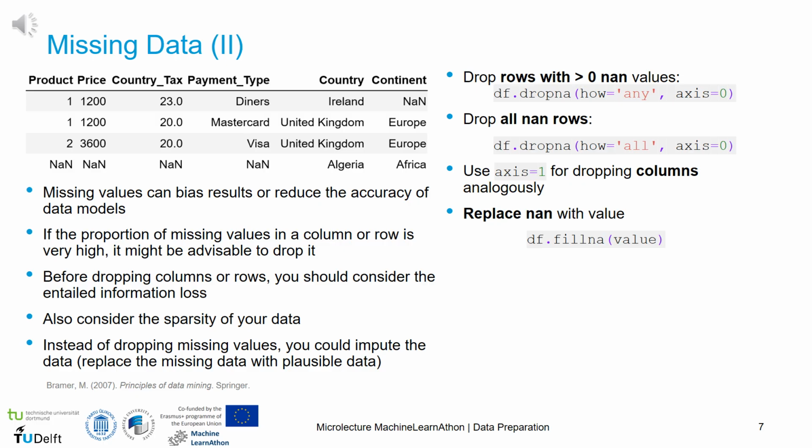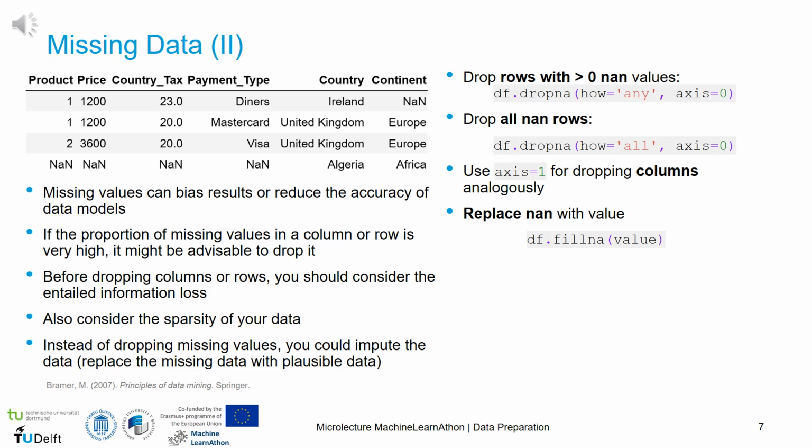Same with rows. For example, in the example above, you see the last row has many NaNs, so it might be advisable to just drop the entire row. However, before doing so, you should consider the information loss. So, do you still have enough data if you drop this information?